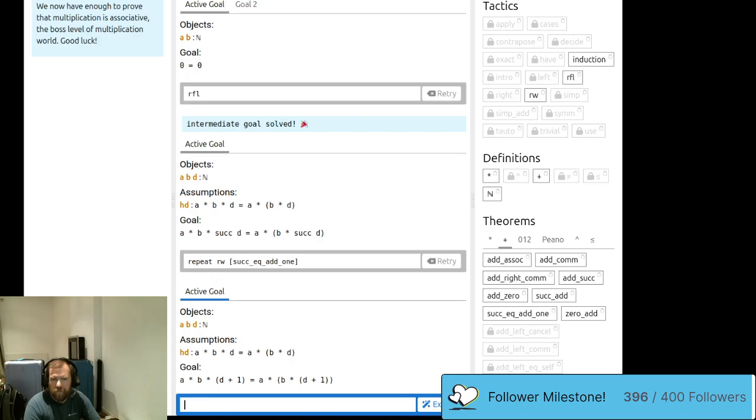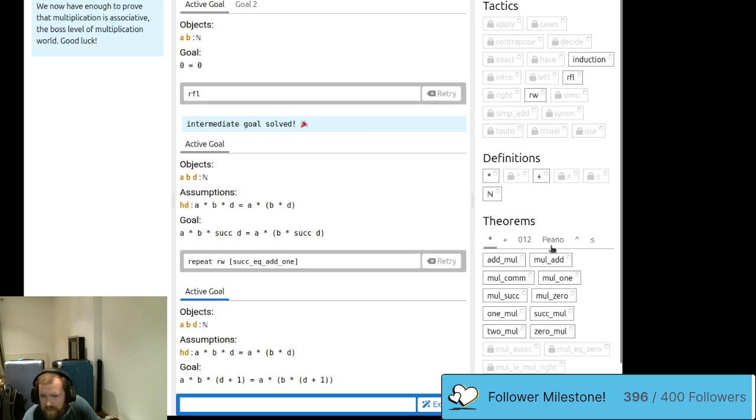Okay. Now we've got all this. Then we want to multiply, we'll add. That's distribution. Yes. Repeat, rewrite, we'll add.